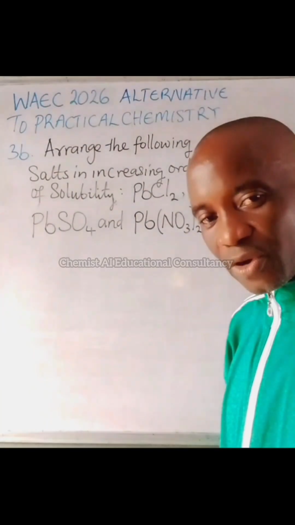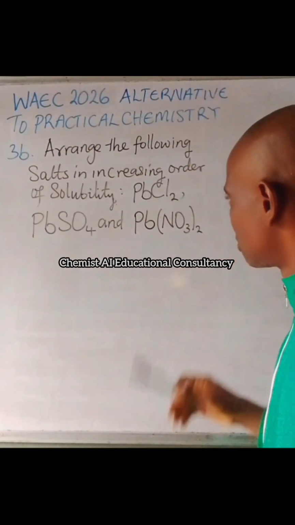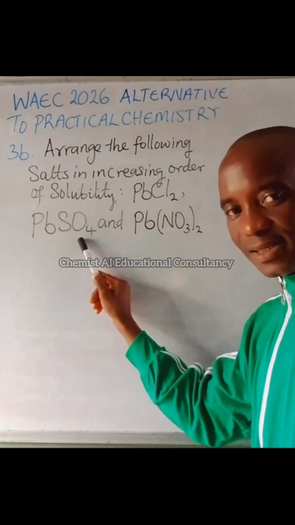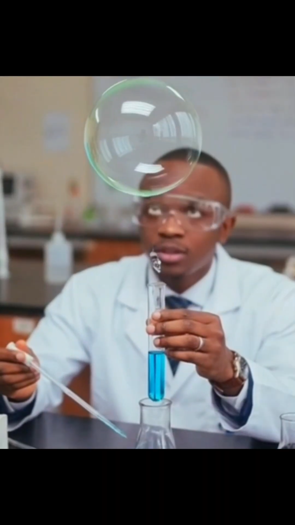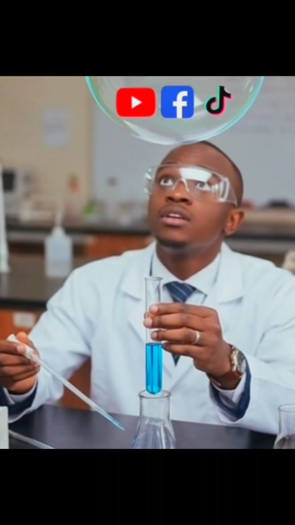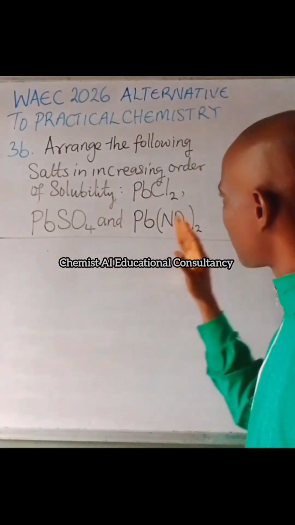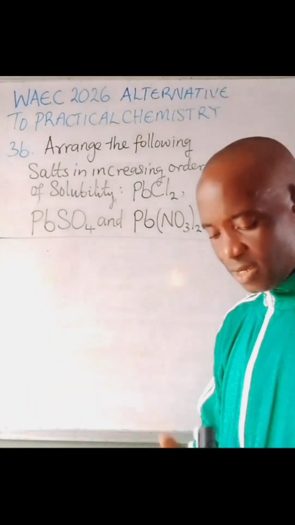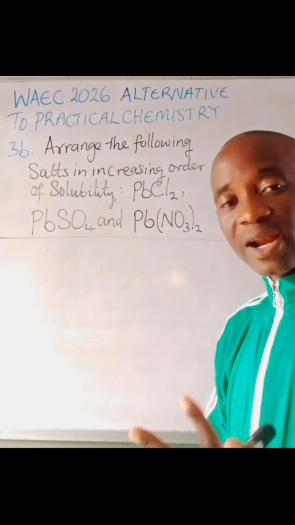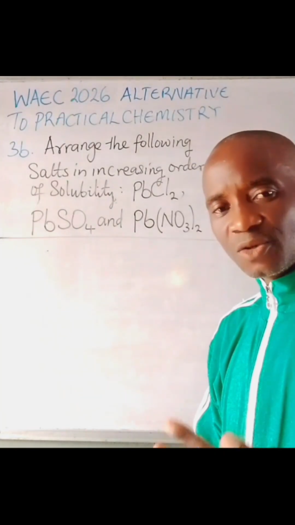In this video, I'm going to reveal the solubility rules for nitrates, sulfates, and chlorides. It is from these solubility rules that we will find out among these 3 salts the most soluble, and the one that follows it, and the least soluble.